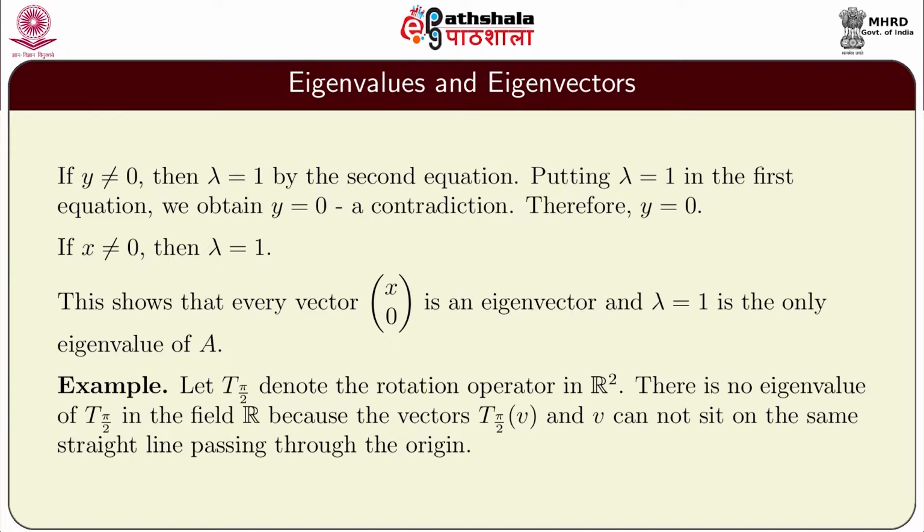Therefore, we have proved that every vector (x, 0) is an eigenvector and lambda equal to 1 is the only eigenvalue of the matrix A.